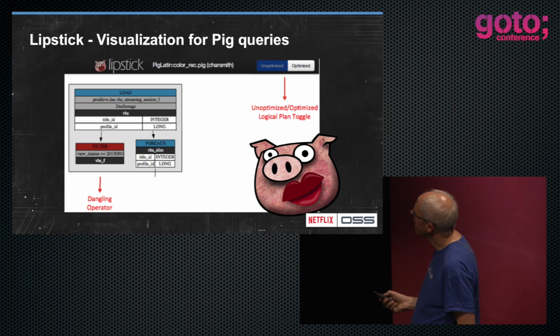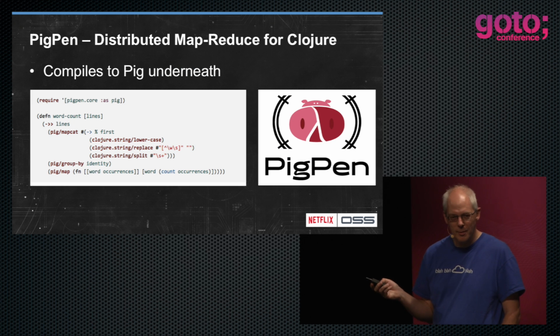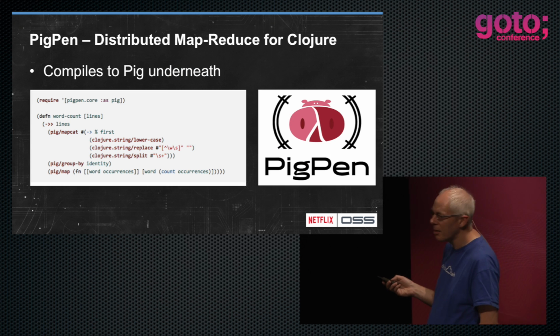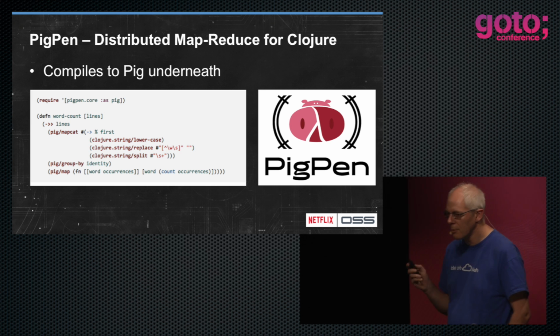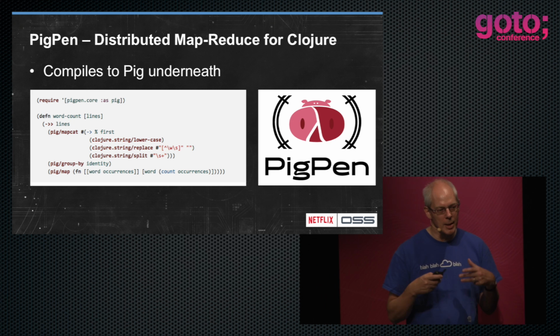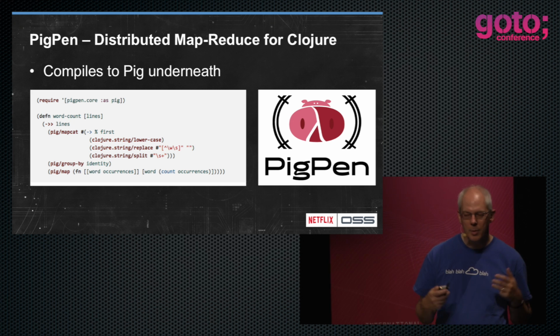And this is Pigpen. Look, some code. I'm at a developer conference. I've had some code in here. Dave Nolan isn't here to tell you what he thinks of this. Anyway, so some Clojure code. So this is MapReduce. This is word count, which is the standard MapReduce thing everyone does. And you can do two things with this code. You can run it locally on your laptop in Clojure to prove that your logic is correct on a little sample program.